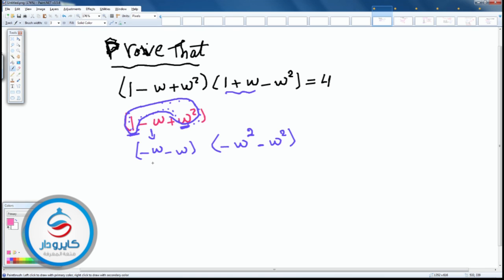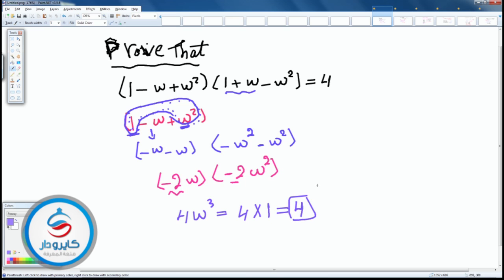So negative omega minus omega is negative 2 omega, and negative omega square minus omega square is also negative 2 omega power of 2. By multiplying negative 2 times negative 2, it will be 4 omega times omega square, which will be omega power 3. 4 omega power 3 means 4 times 1 equals 4, and this is the right hand side again.